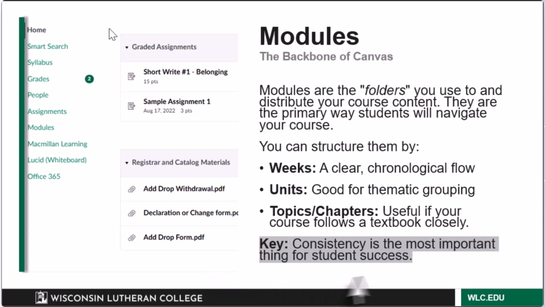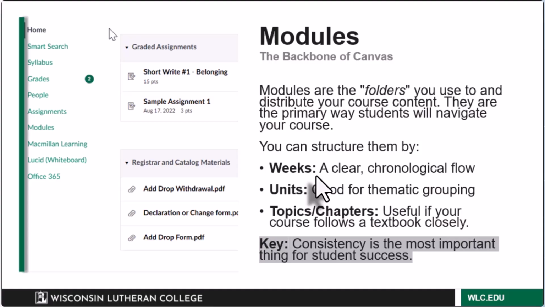Some faculty members like to go week by week, and this makes a clear chronological flow, and you can put all of the assignments, all of the materials, all of the lecture notes, etc., attached to a module for each week.